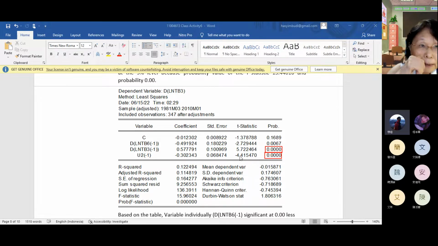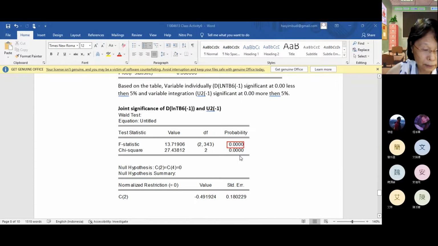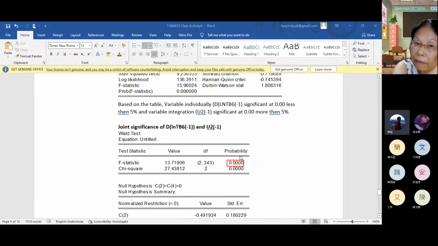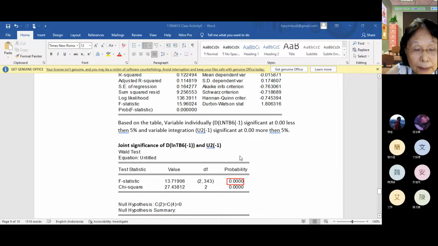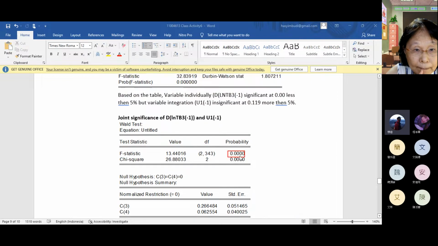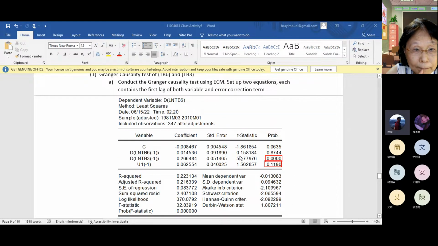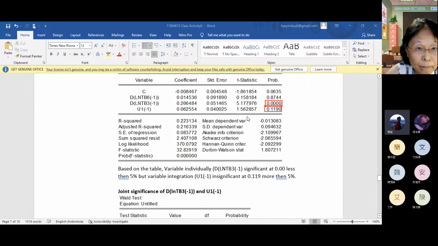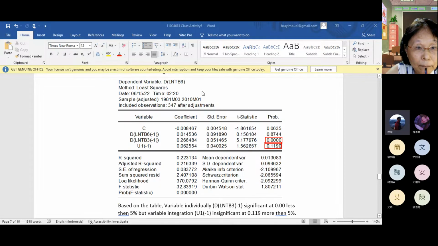All right. Prof, I want to ask Prof. Yes. Prof, what's your question? My question: when we use the dependent variable in the ECM, when TB6 is dependent, I see the individual variable is significant and U1 is insignificant, right?